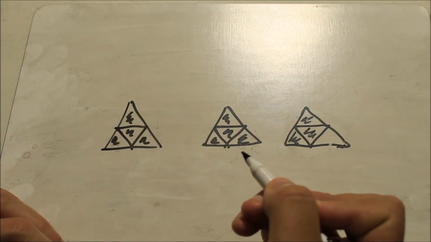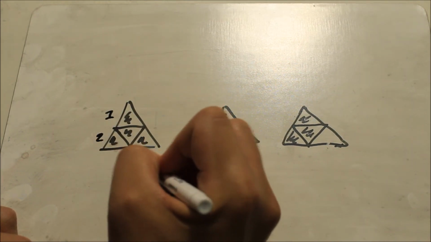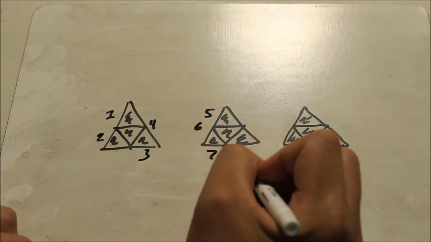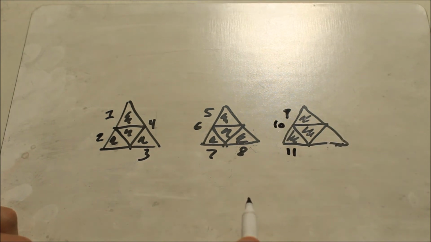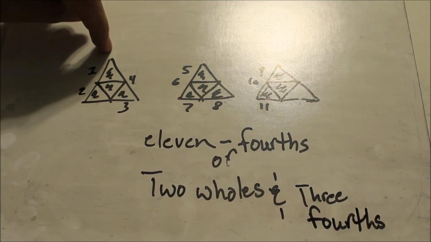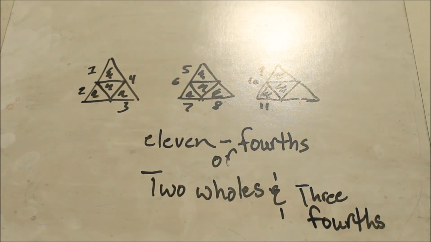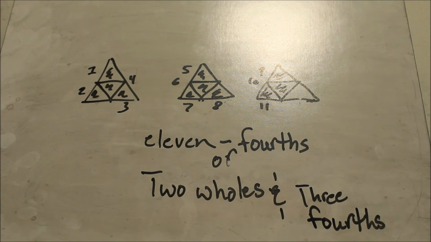But how many are shaded? 1, 2, 3, 4, 5, 6, 7, 8, 9, 10, 11. So I have 1 whole, 2 wholes, and 1, 2, 3 fourths. So I have my 2 different ways that I'm able to say the fraction.